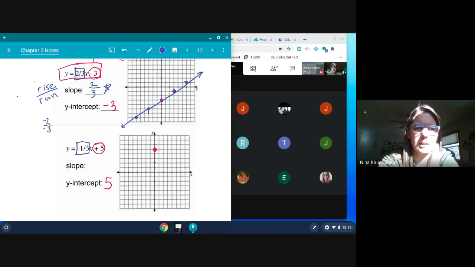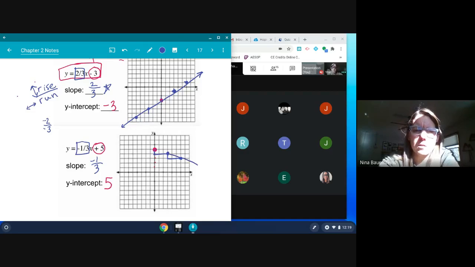You got it. So from this dot, we go rise, which is up and down, and run is forward or backward. We're going to rise -1, which means go down 1. Then we're going to run 3. Again, rise -1, run 3.